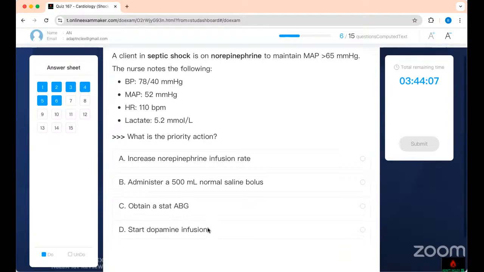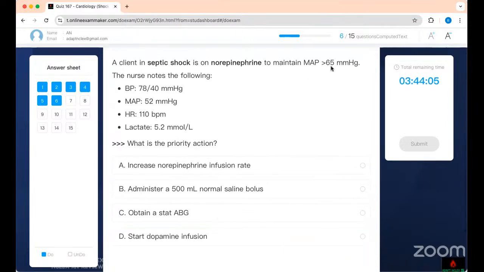Let me see. We want to maintain a MAP of greater than 65, but our MAP is 52. Our blood pressure is in the 70s. Heart rate is that. Do you increase your norepinephrine dose? Do you give them a bolus of IV fluid? Do you check your ABG or dopamine? The answer is go back to shock. What is shock? It's hypoperfusion.